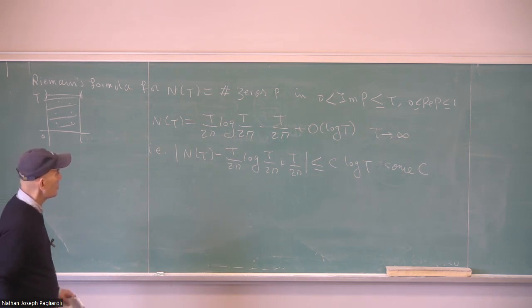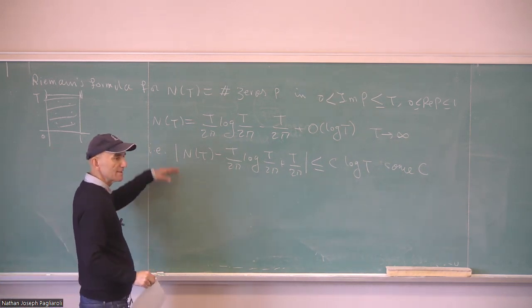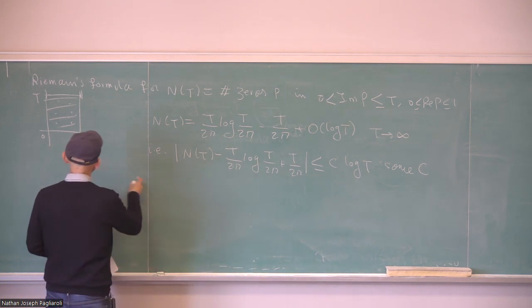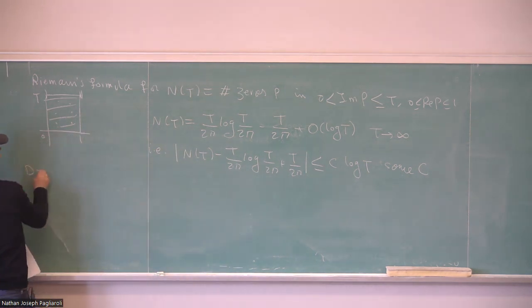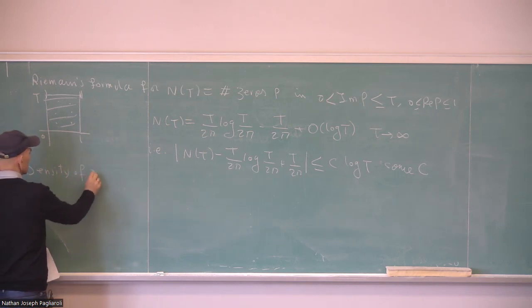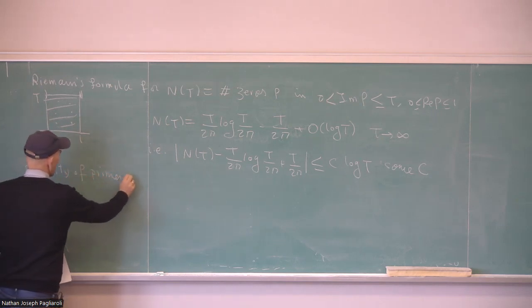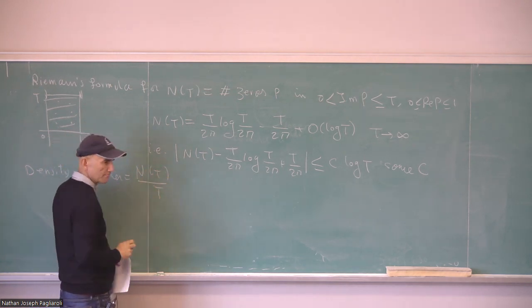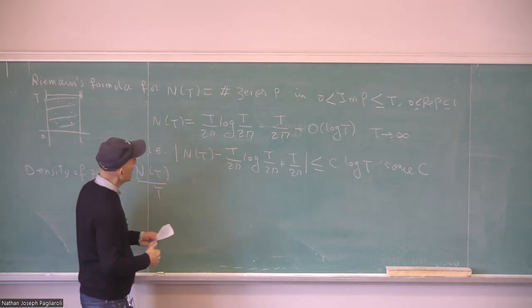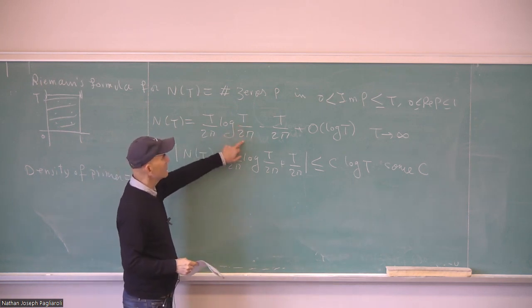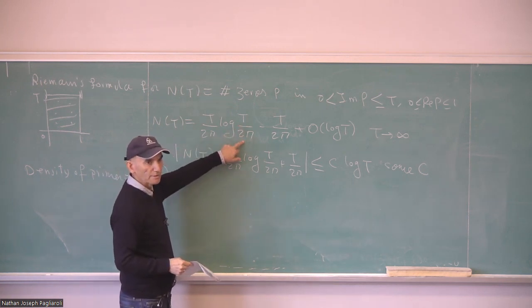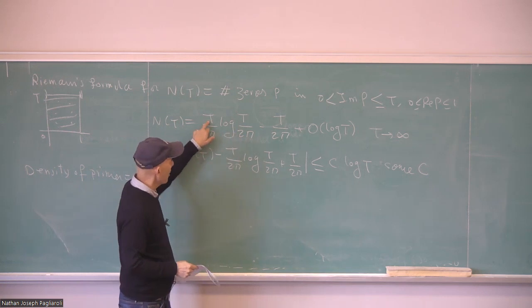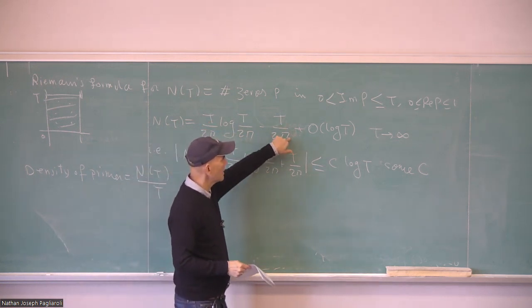So what does it say about the density of zeros? The density is, of course, N(T) divided by T, and this is just log of T over 2 pi. That's all, because the other term drops. When this is a constant, it doesn't matter.